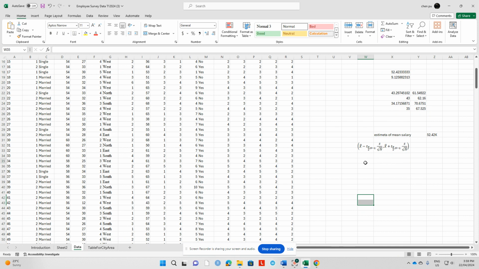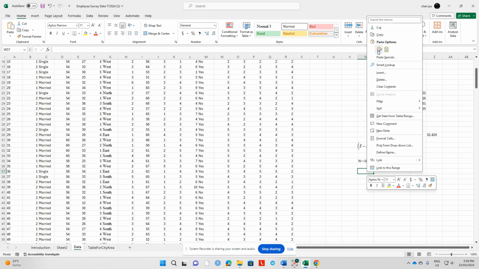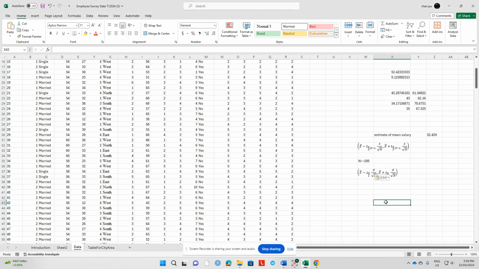Now, although we need to use this formula, for n larger than 100, we can actually use the other formula. Instead of using t half alpha, we can use z half alpha formula.